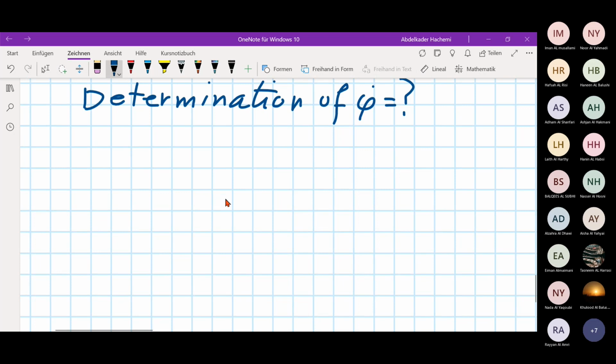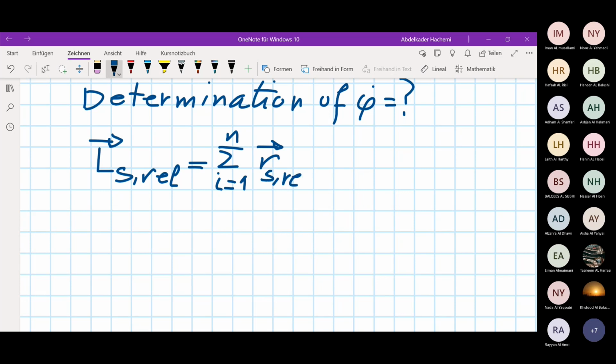For that we use the momentum of the momentum, and as I said, we note it in the lecture by L, and this is here I write LS, let's say relative, which is in our case here the sum for i equal to 1 to n, in general case, R of the center with S, relative, cross m i cross v i.